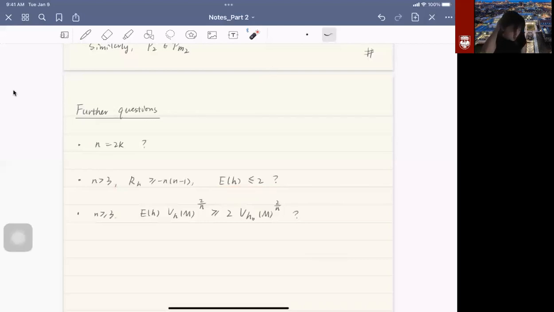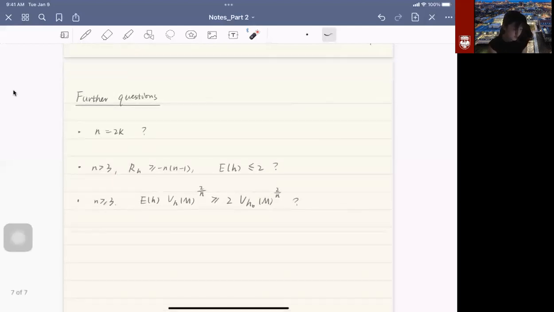And the last question, when the dimension n is equal to 3 or higher, it's also conjectured by Calegari, Marques, and Neves that there's an inequality related to the minimal surface entropy and the volume.